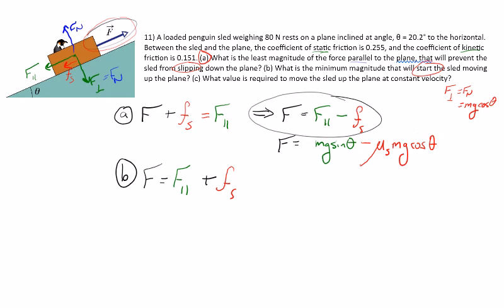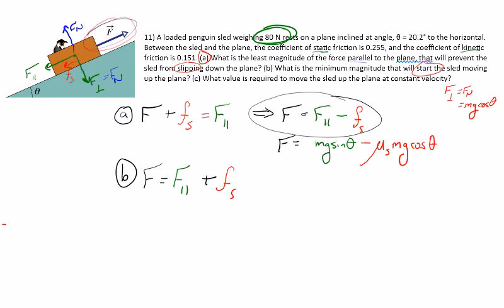Now realize this little 80 newtons right here, that is mg. That's the weight of it. So you can divide it by 9.8 to get the mass and then multiply by 9.8 when you plug it in, but I would just plug it in as mg and you should be good. So that's the only difference between A and B.